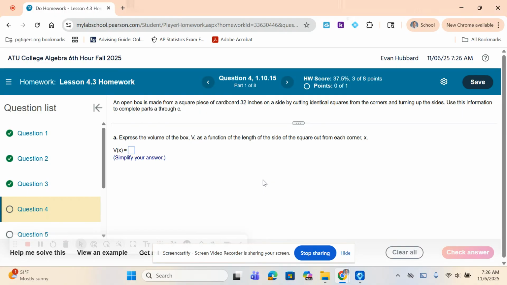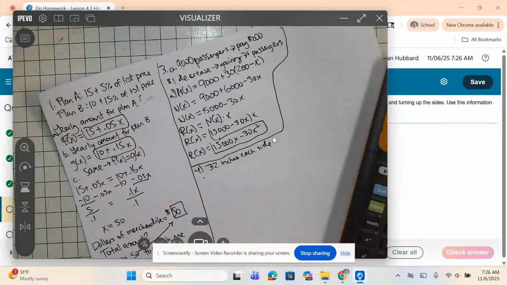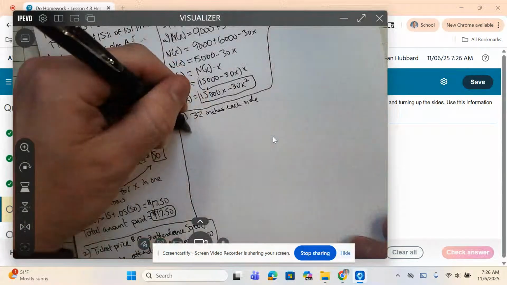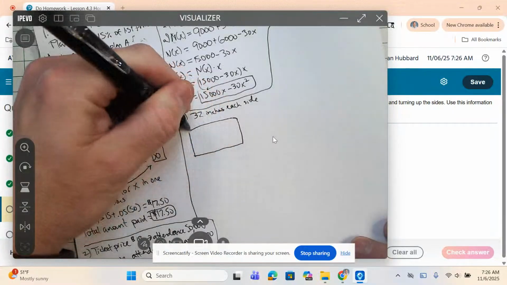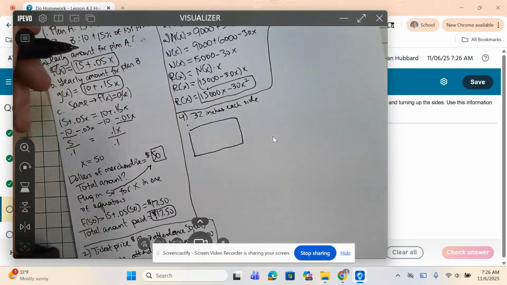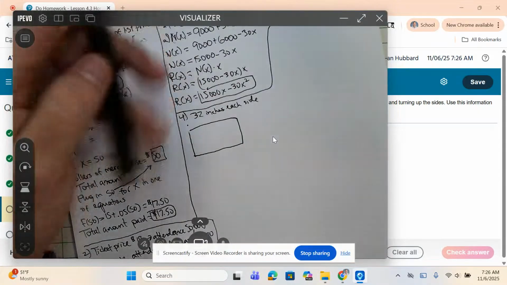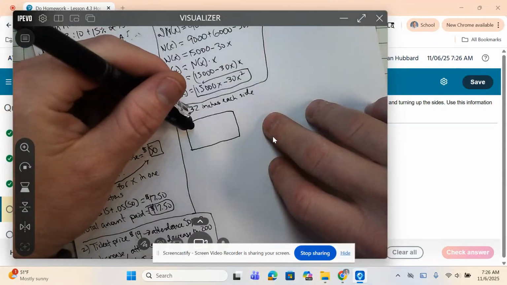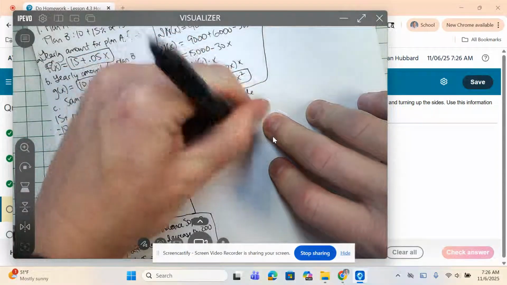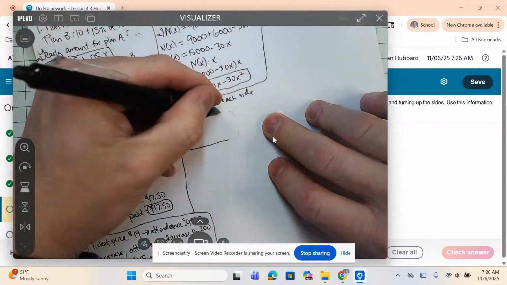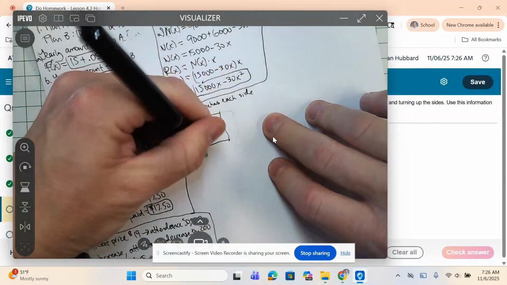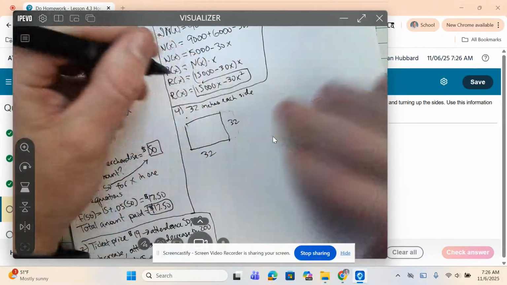Okay, so I've got a box here, which I'm drawing poorly. I apologize. I'm cutting from each side. It's 32 inches on each side, but then I'm cutting from each side.